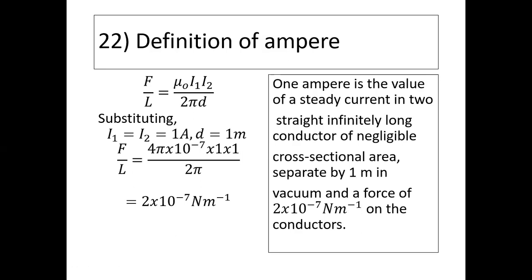Basic idea is 2 infinitely long conductors, diameter negligible, that means very thin, 1 meter apart, placed in vacuum parallel to each other, and that is the value of the force per meter. Okay, memory work, nothing much. Know how you derive the ampere, that's all.